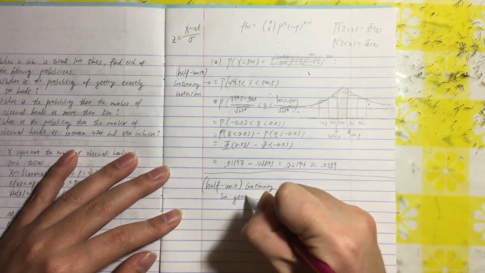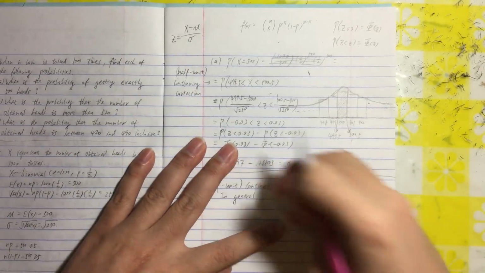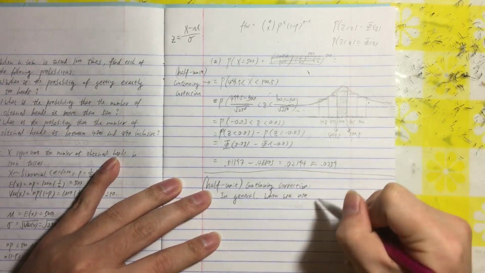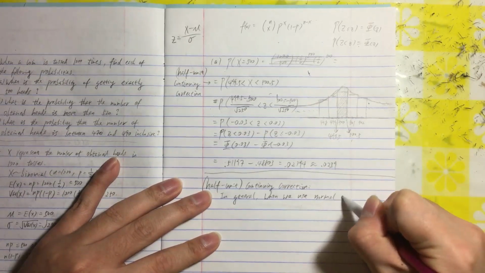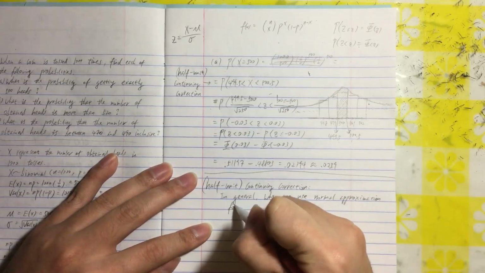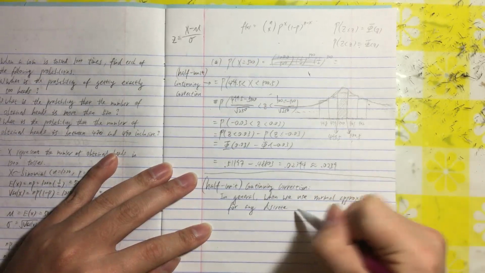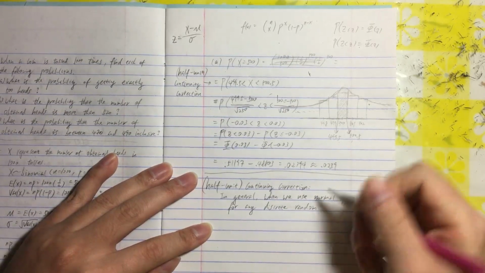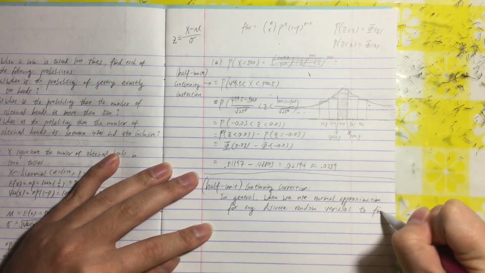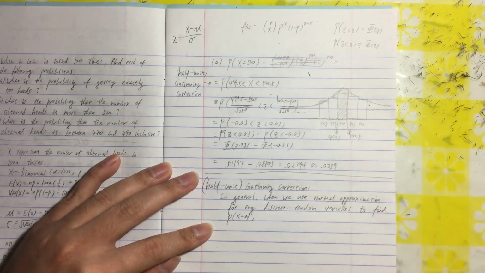In general, when we use normal approximation for any discrete random variables, to find the probability that S is equal to a, we need to use half-unit continuity correction.